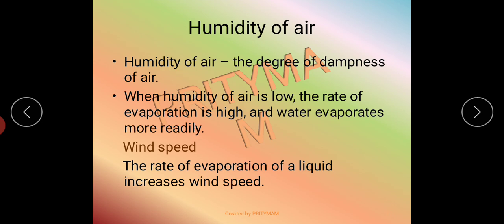When the speed of the wind increases, the particles of water vapor move away with the wind, decreasing the amount of water vapor in the surroundings. This increases the rate of evaporation of water. The washed clothes dry more quickly on a windy day because evaporation is faster due to the high speed of the wind.